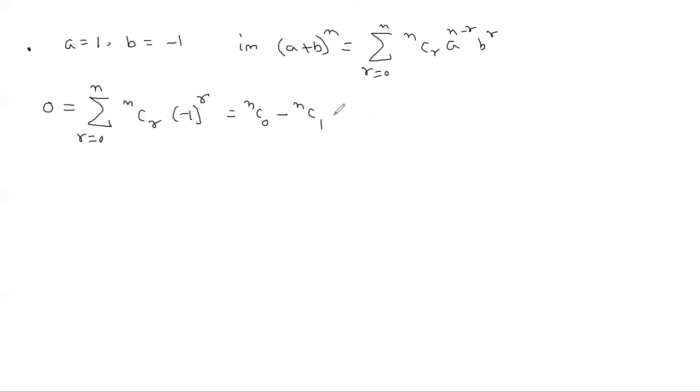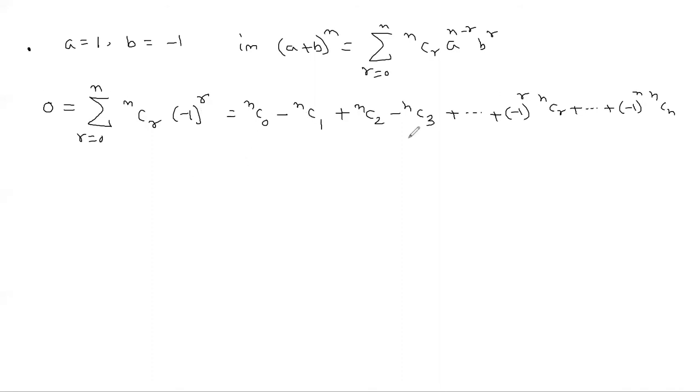So we are getting minus of nC1 plus nC2 minus of nC3 and so on. So here we can see this is equal to 0.